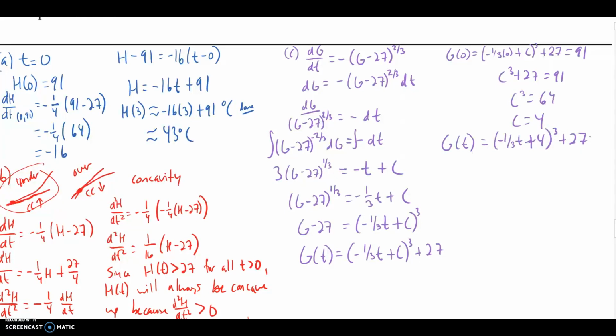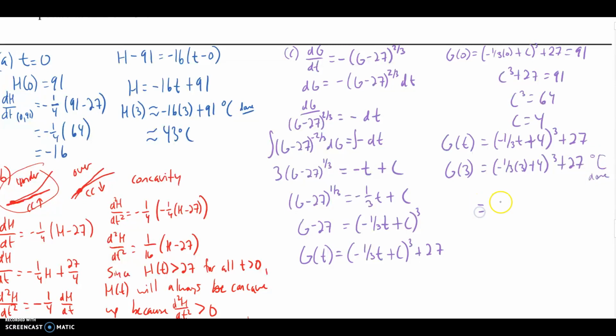And then the last thing it asked us to do was to use this model now to approximate g of 3. So, negative 1/3 times 3 plus 4 to the 3rd power plus 27. And you could technically leave that and be done right there.